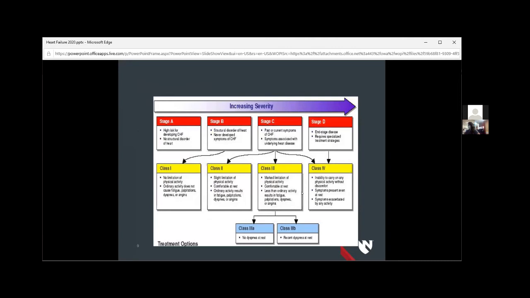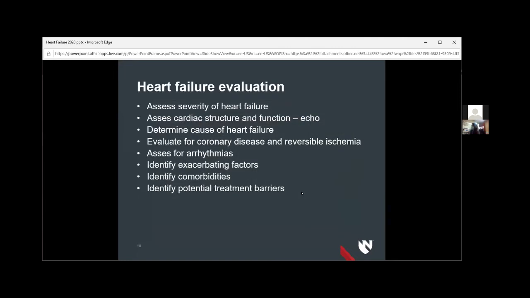Those are the patients that are frequently rehospitalized. A lot of the patients who are first diagnosed and admitted to the hospital are probably a stage B or C, in that class 1 to 2, depending on how you can get them.